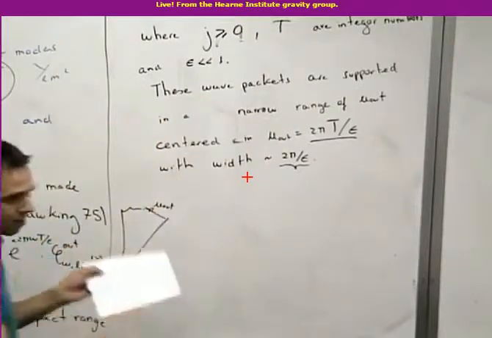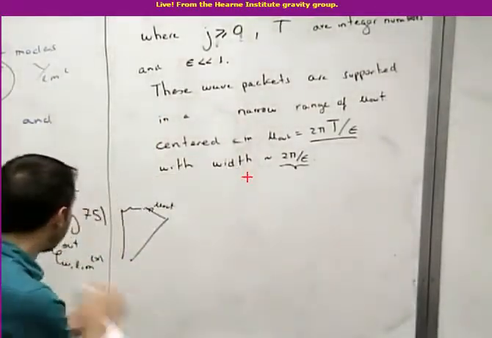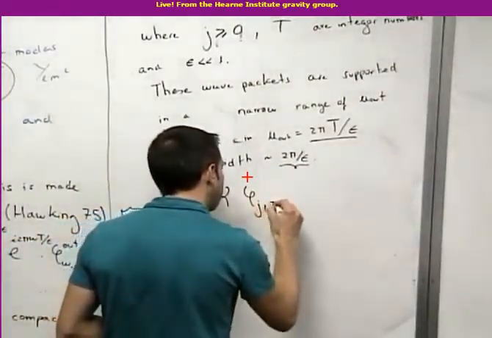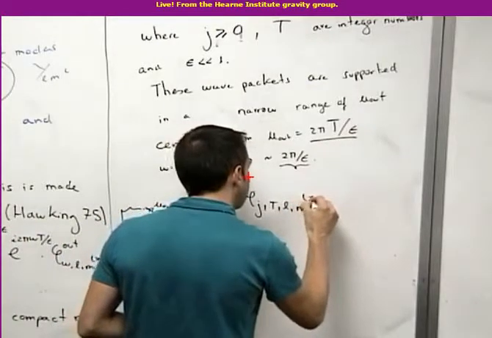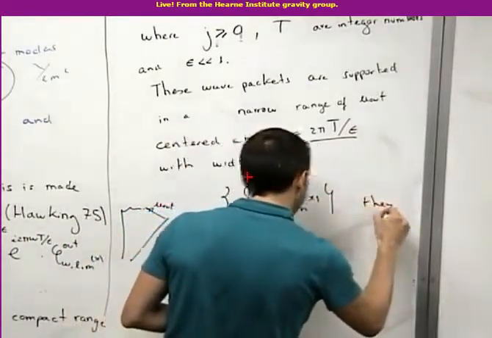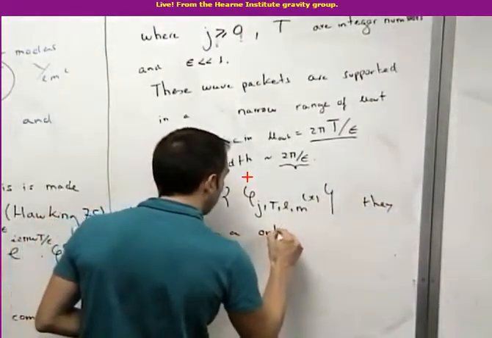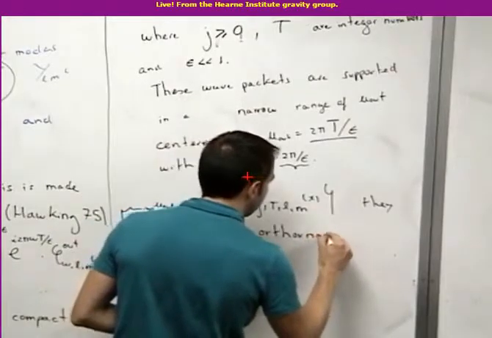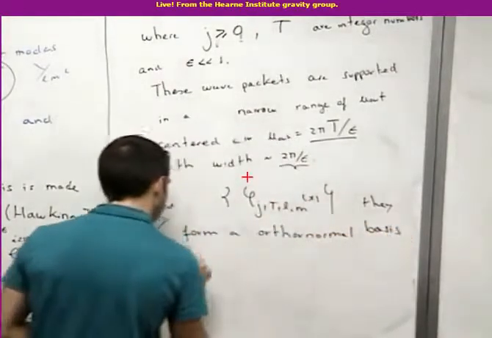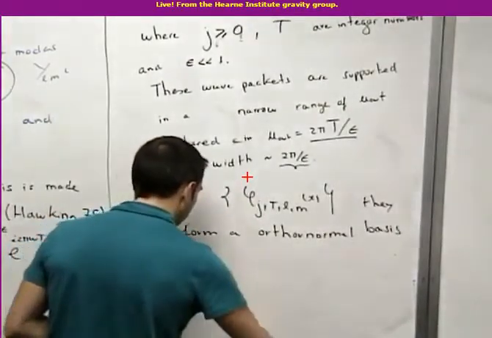Here we are dividing the uncertainty in frequency and in time. And they are normalized modes, so if you take these wave packets for all values of the parameters, they form an orthonormal basis of out positive norm, positive frequency modes.